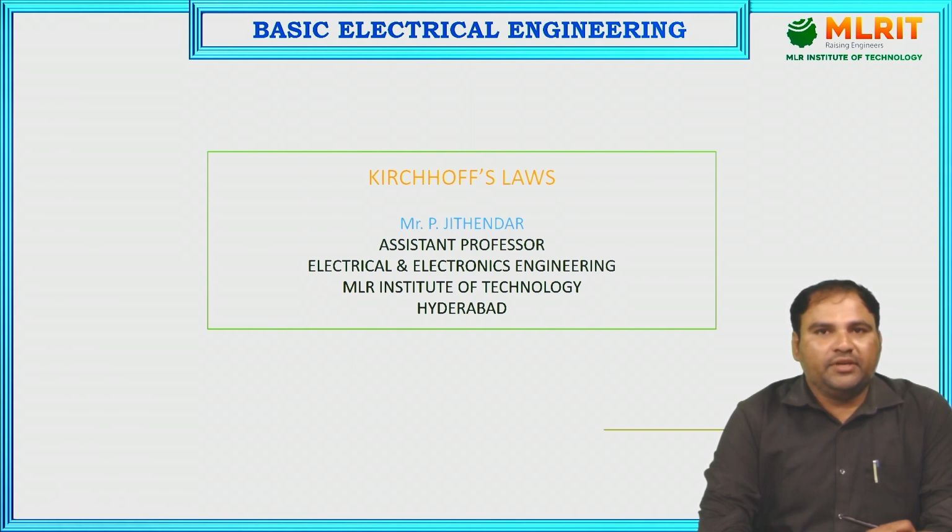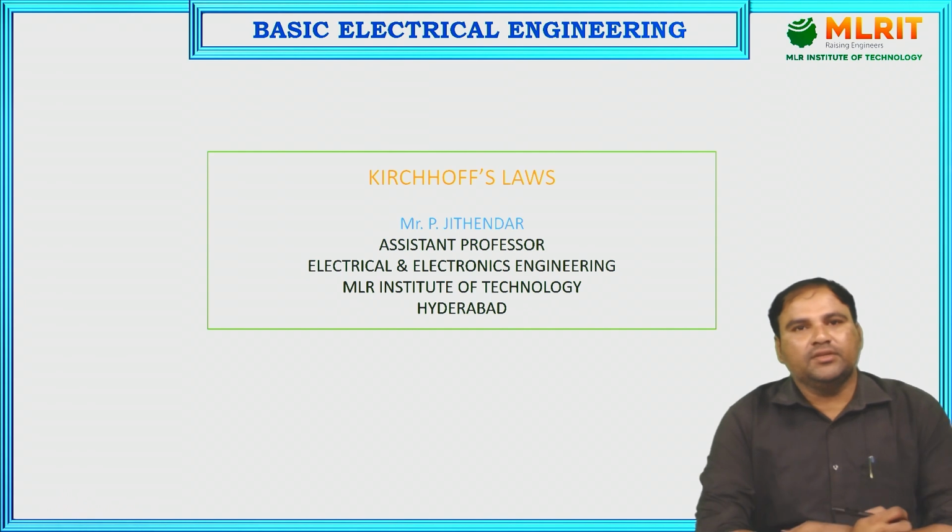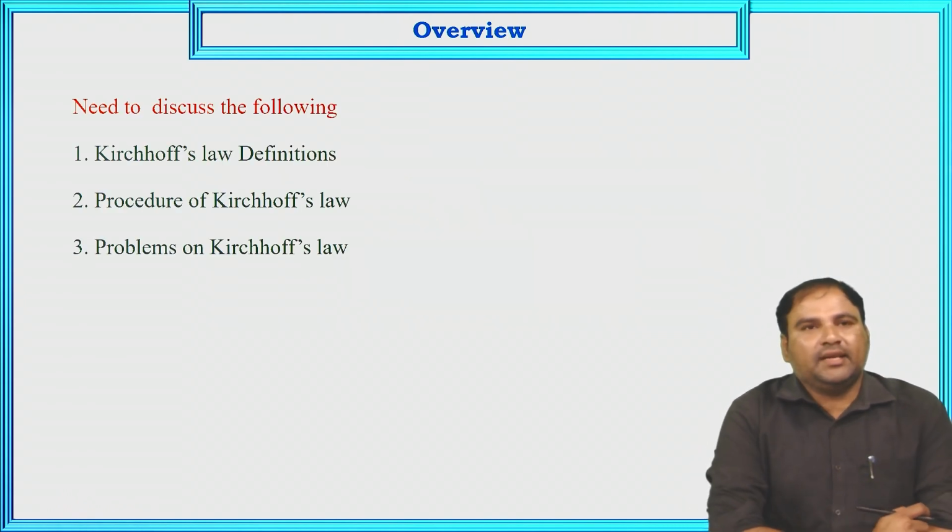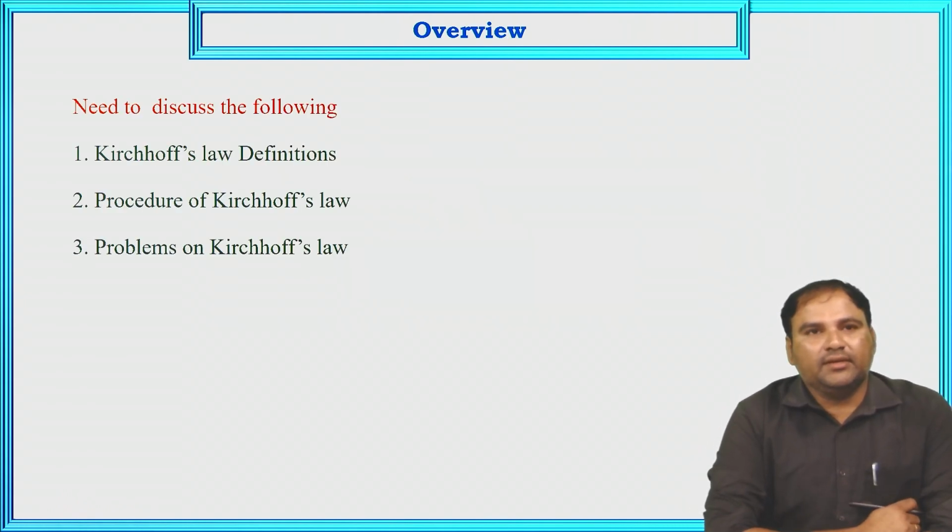In today's video lecture, I am going to discuss Kirchhoff laws, the problems on Kirchhoff laws, and the procedure involved in the Kirchhoff laws. Today we need to discuss the definitions of the Kirchhoff laws.